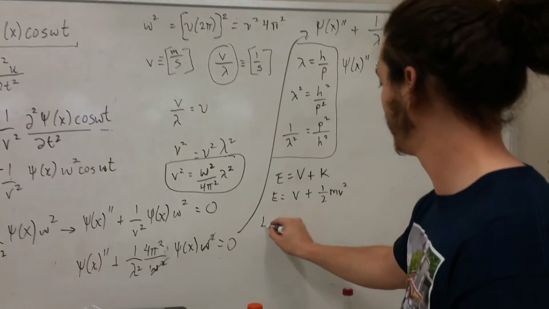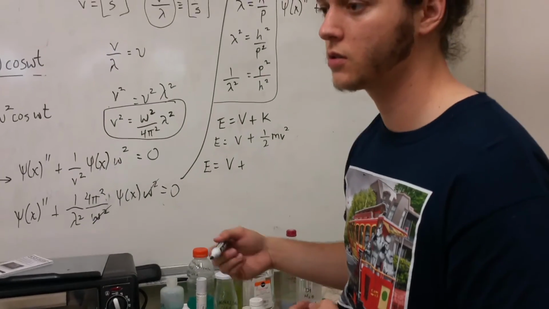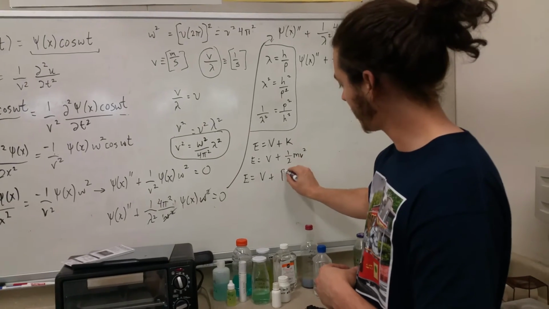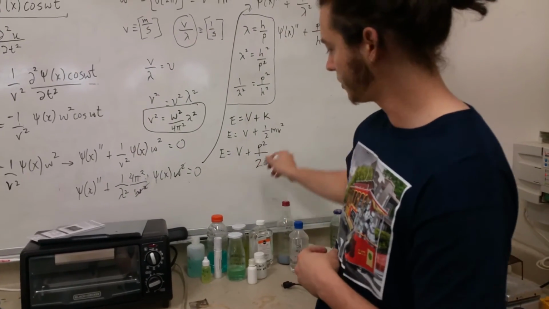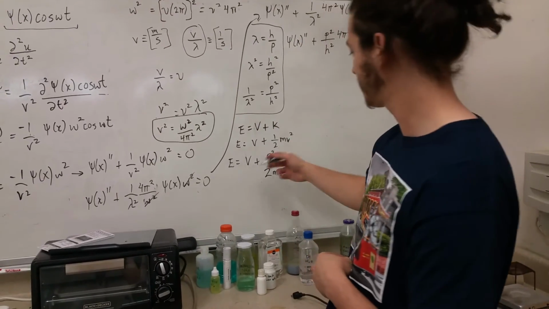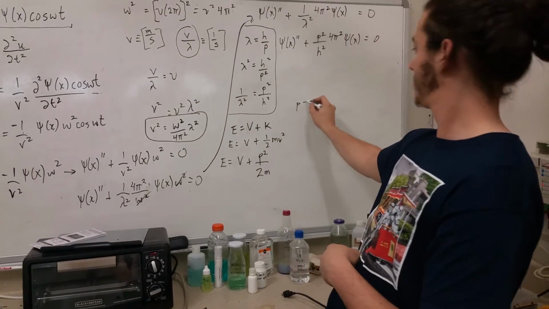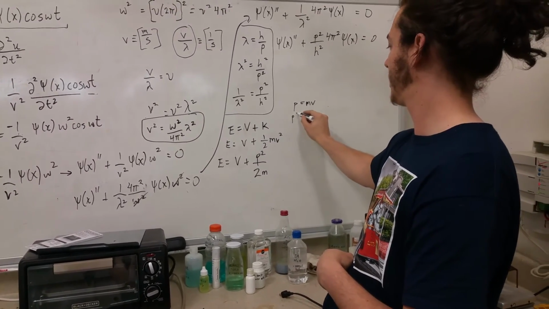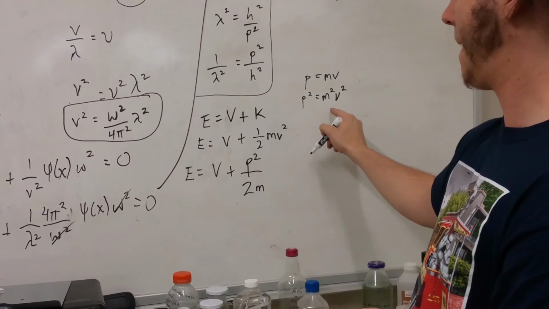But then we also remember, this is one of the most useful little tricks to get you familiar in quantum mechanics, that kinetic energy can also be described by momentum squared divided by 2m. It's very simple, but a lot of people don't realize it at first, because you remember momentum is mass times a velocity, so momentum squared is mass squared times a velocity squared.